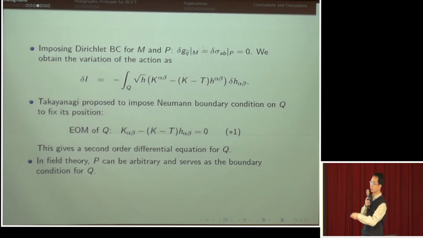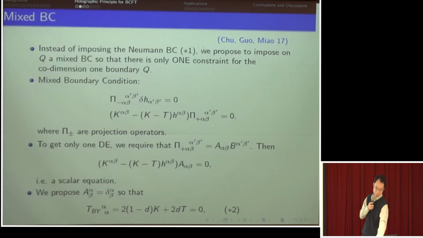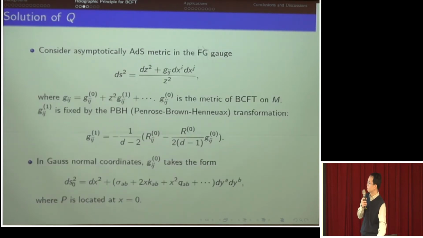So you get this equation of motion for Q. But you can imagine not all of them are free, but only a trace part of that is free, so you get a trace of that equation. So basically, to cut the story short, we have a proposal: instead of looking at the whole set of tensor equations, we look at the trace of that set of tensor equations. Because of diffeomorphism, we want to take the trace. These are technical details.